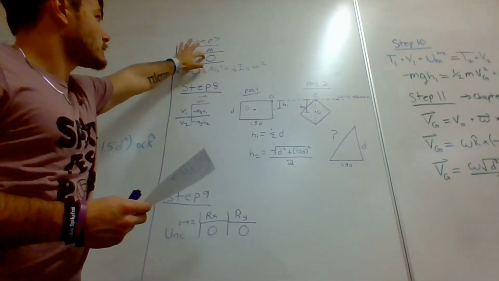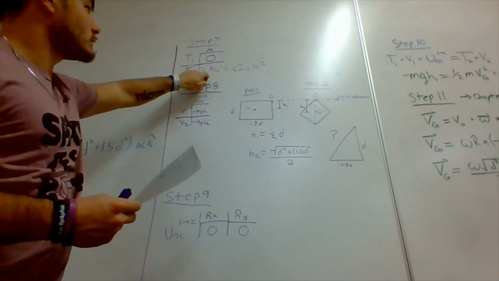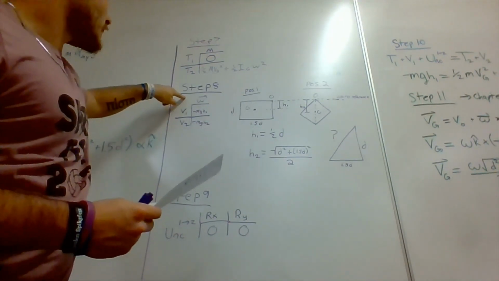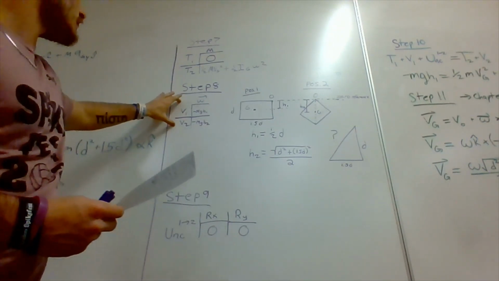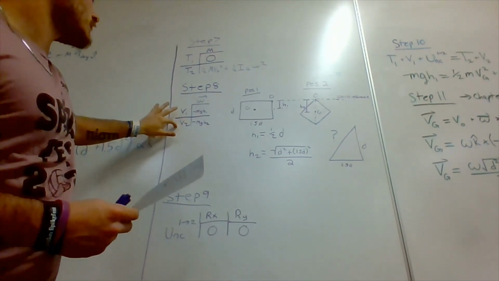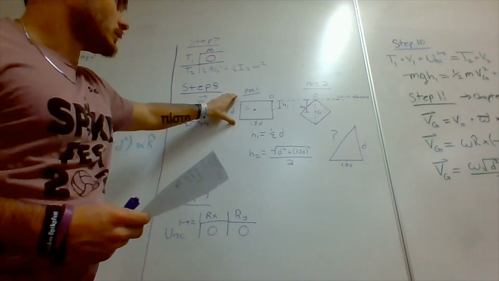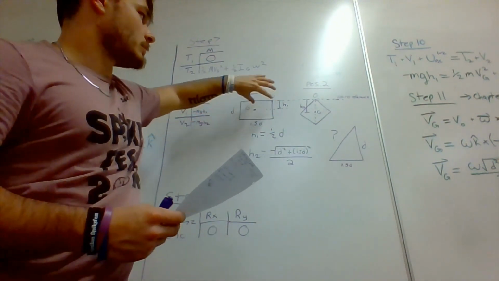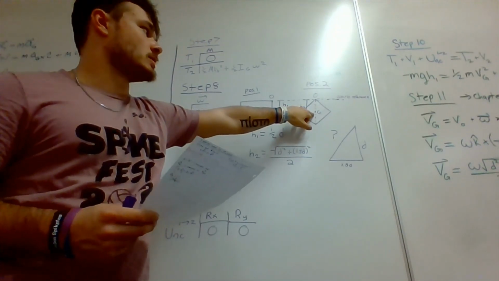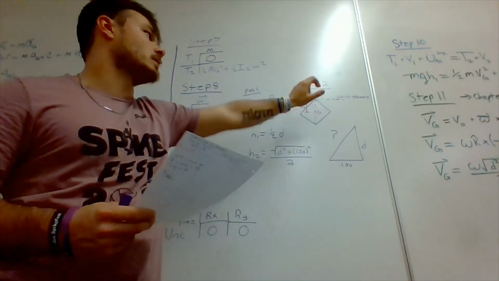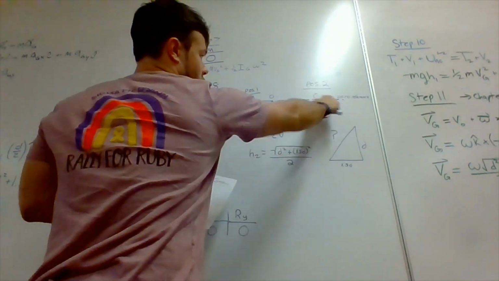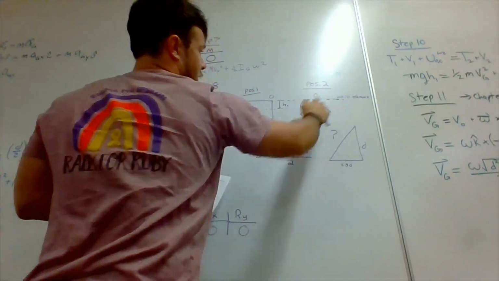At T1, it's 0, and at T2, you use the kinetic energy equation to plug in there. With step 8, use your table for V1 and V2. So we have position 1 shown here, and position 2 shown here with the plate being rotated but keeping G in a line with point O. Keep in mind you always have to have a 0 reference point, which is this line here.